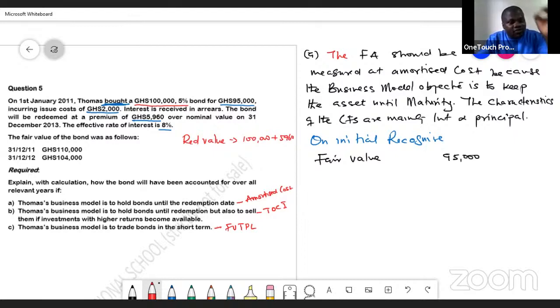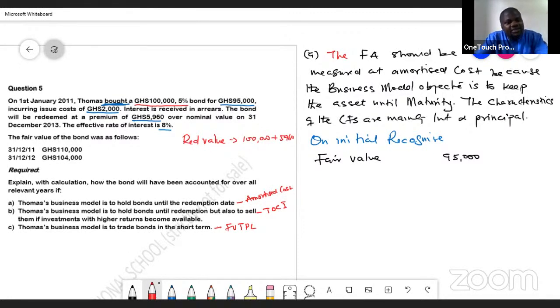With the exception of financial assets at fair value through P&L, where transaction costs are always expensed in the P&L, whether liability or asset. Once it is at fair value through P&L, transaction costs are expensed in the P&L.